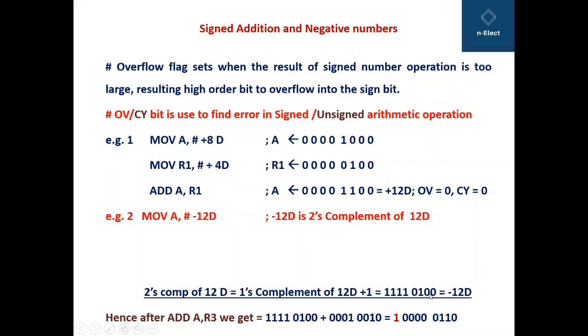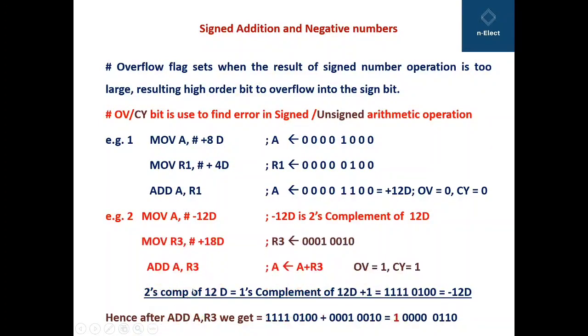So if you obtain the 1's complement of 12d and add 1 to it, you will get this value, and this value is treated as -12d. Hence now we will see the further instructions.